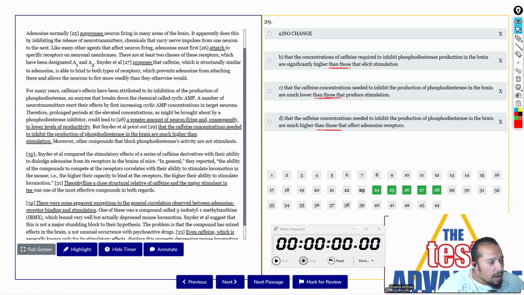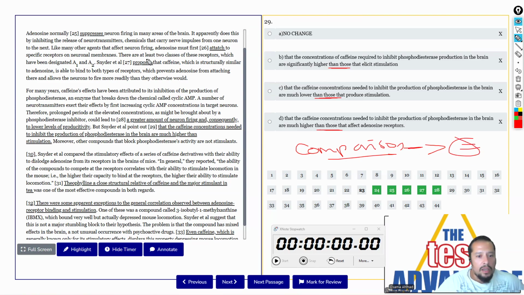So what's the topic here? Comparison, thank you. So when I'm dealing with a comparison, they must be equal, right? So let's check this out.